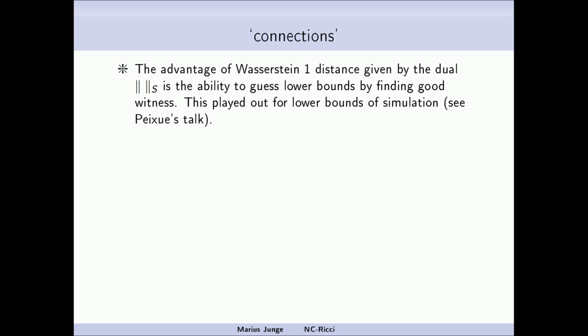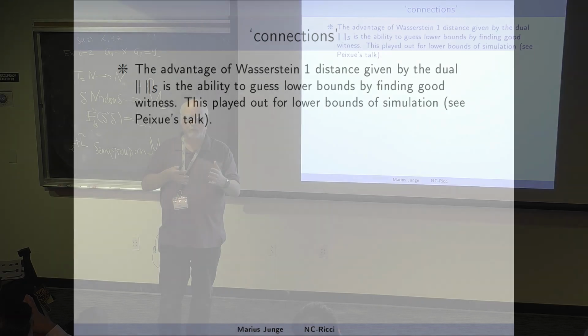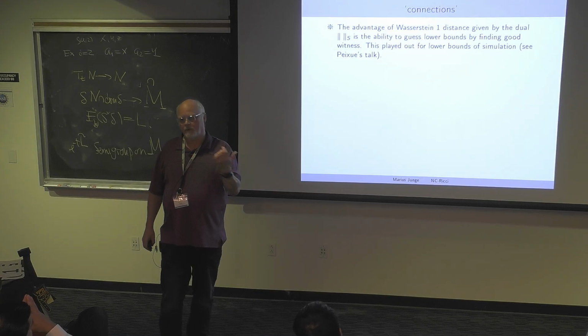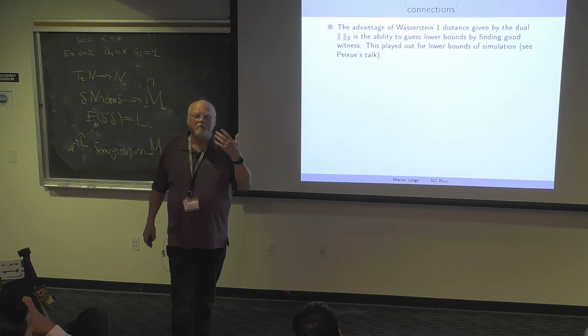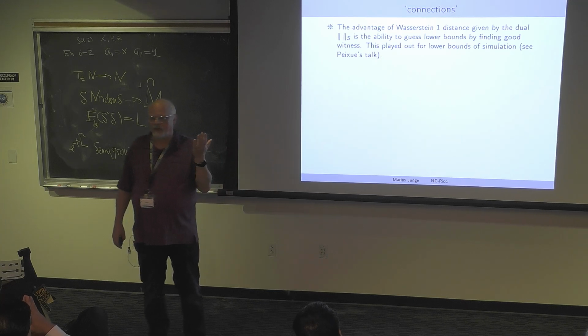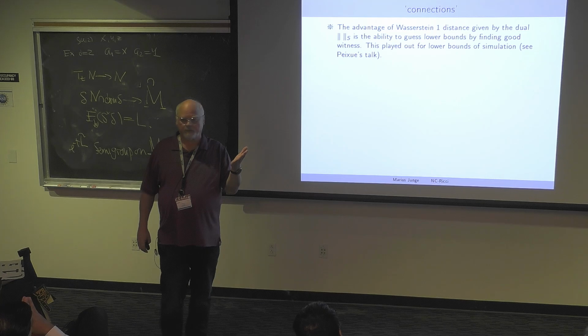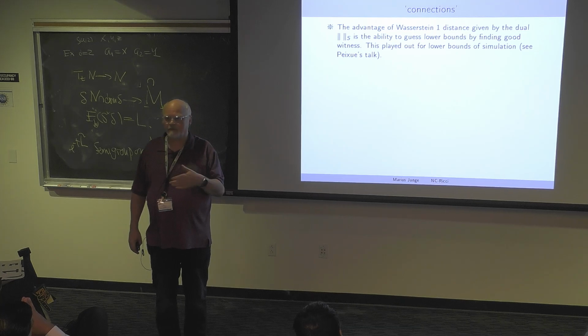And we use these estimates. Essentially what we did is we looked at this gradient approach to find lower bounds for simulation cost by relating these Wasserstein distances to simulation cost. And the main important lesson we learned is that if you take this Lipschitz approach to get a lower bound, you just have to find the right observable.